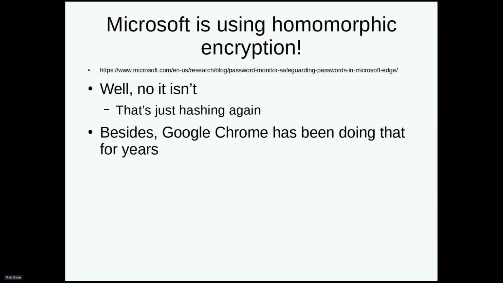Now, Microsoft says that they are using homomorphic encryption. And going back to the 3-ballot voting system, Microsoft has come up with something called ElectionGuard. From the way that it is described, it very much sounds as if they are using the 3-ballot voting system and therefore homomorphic encryption. But recently they said that their use of homomorphic encryption was safeguarding passwords in Microsoft Edge.